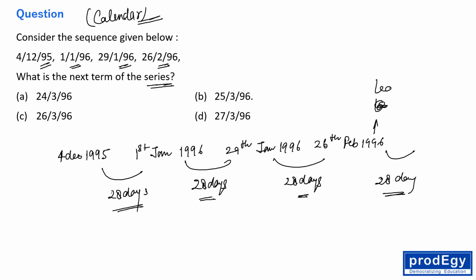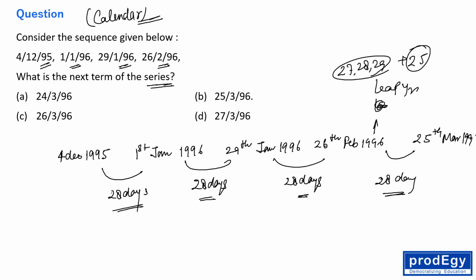So 27th, 28th, 29th: 3 days here, plus 25 more days in March. So 25th of March is the answer. 25th March 1996 is the answer. B option is the correct one.